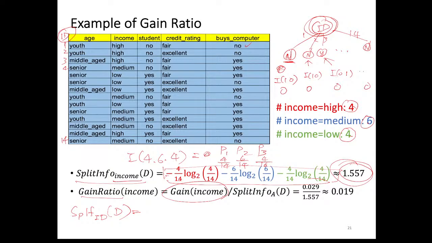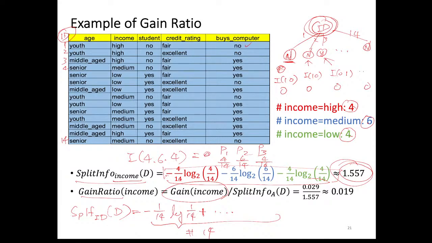We will end up having negative 1 over 14 log 1 over 14, and essentially 14 such terms, right?